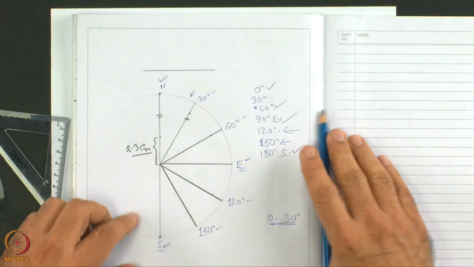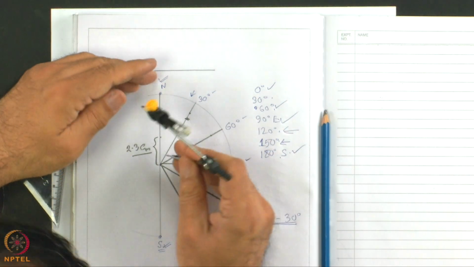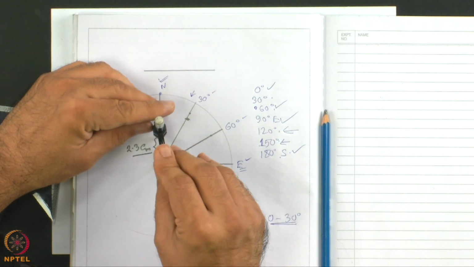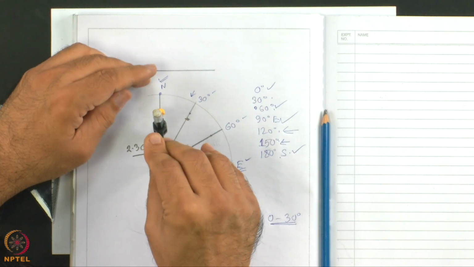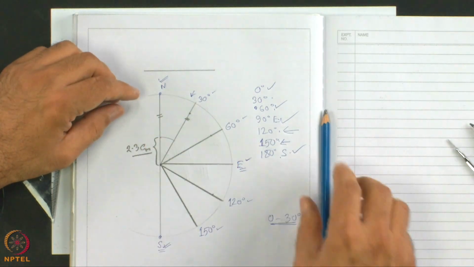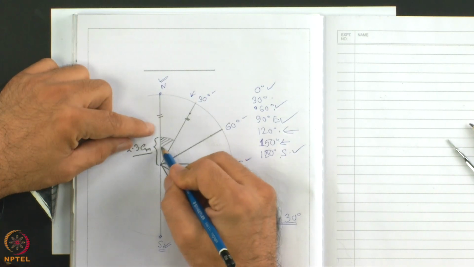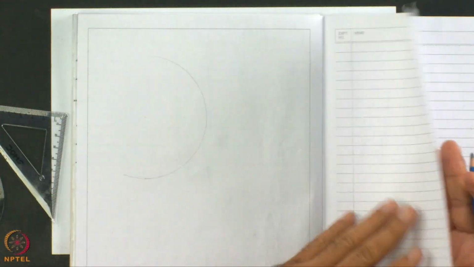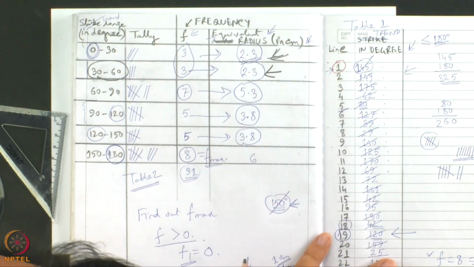Next, I have to take the compass once again, and from the center of the half circle I take a 2.3 centimeter radius and draw only a segment between 0 to 30 degree. So, this is an arc of a circle from 0 to 30 degree. Next, for the 30 to 60 degree range the number is again the same 2.3. Why?